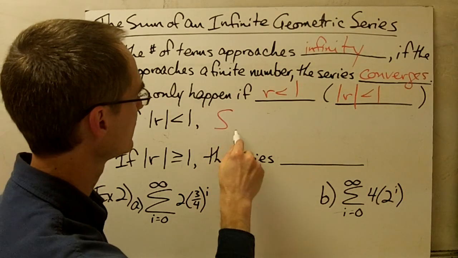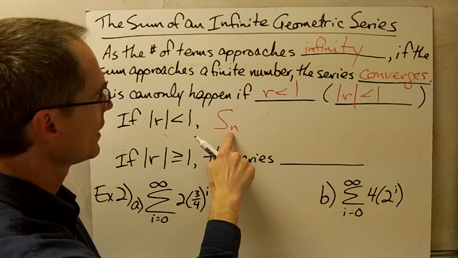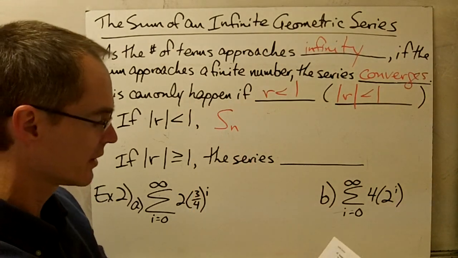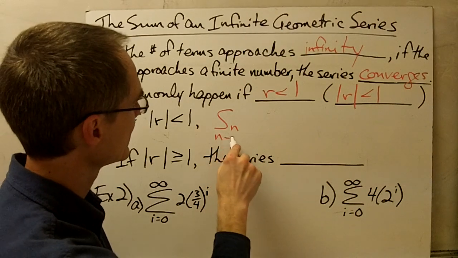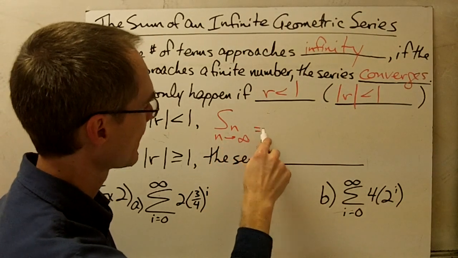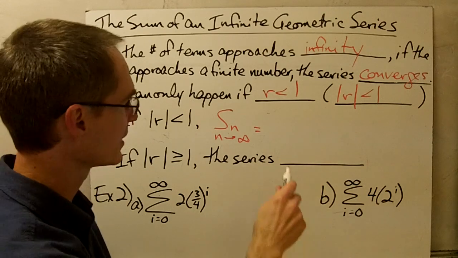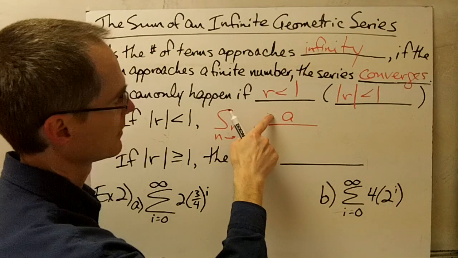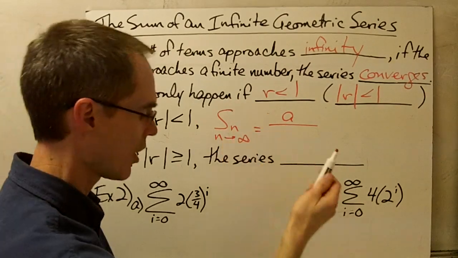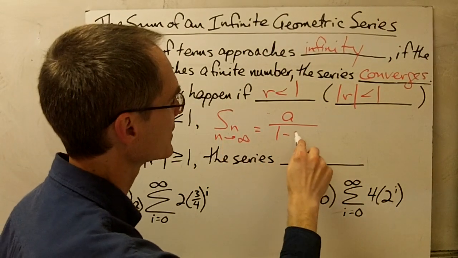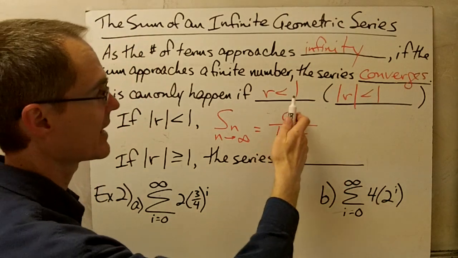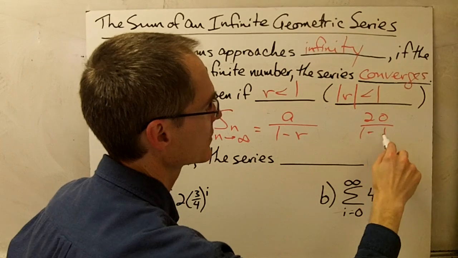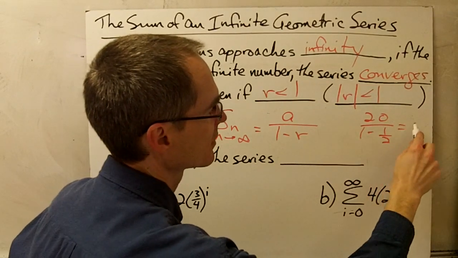And our formula, that is the formula for the infinite sum, the sum of an infinite number of geometric terms, you say as n approaches infinity, that formula just becomes a, our a sub 1 number, over 1 minus r. So in this case we had a was 20 over 1 minus 1/2, and that gave us 40.